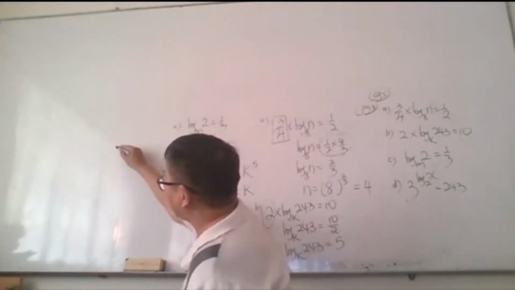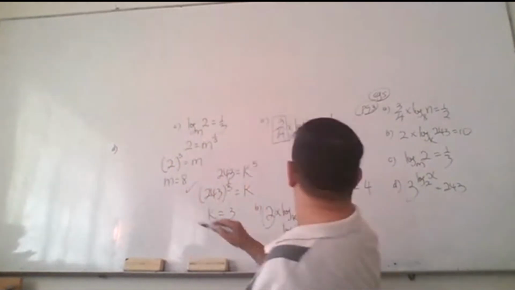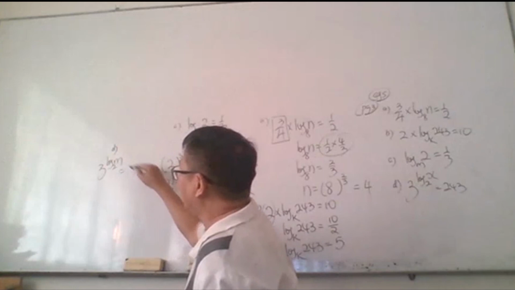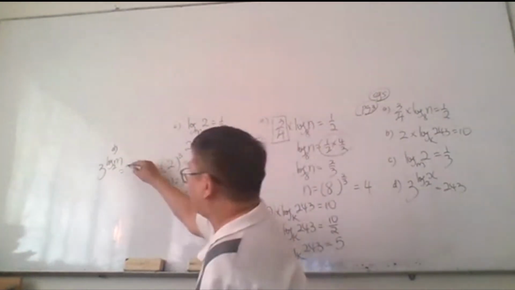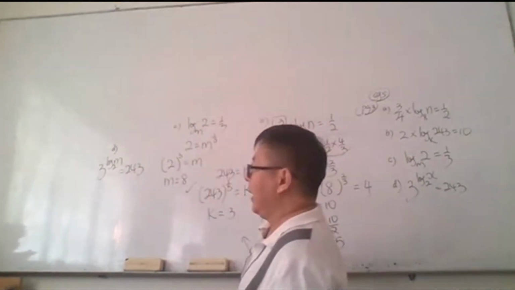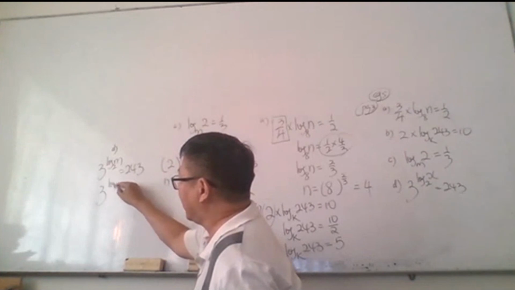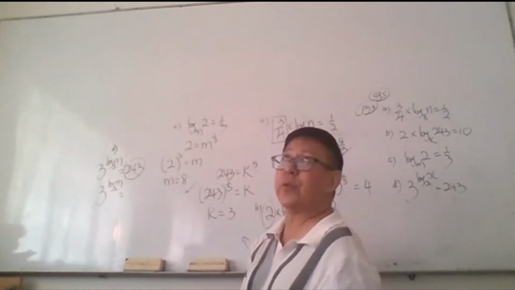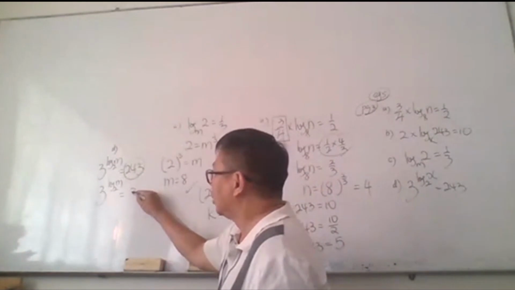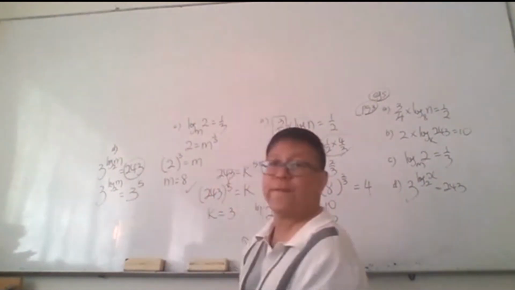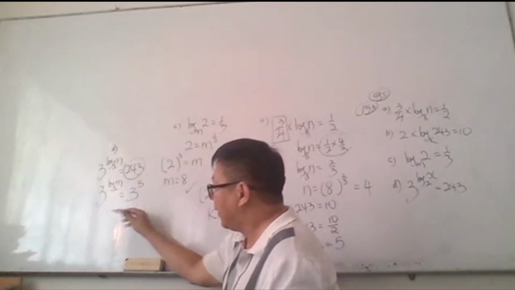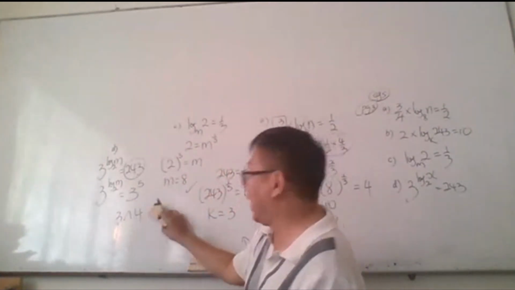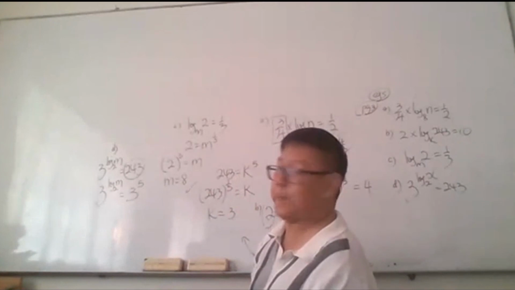Another one is question D: 3 to the power of log 2 of m equals 243. 243 actually is 3 to the power of 5. Because this is 3, maybe you can just use your calculator to check one by one, or if you can memorize, it's better.